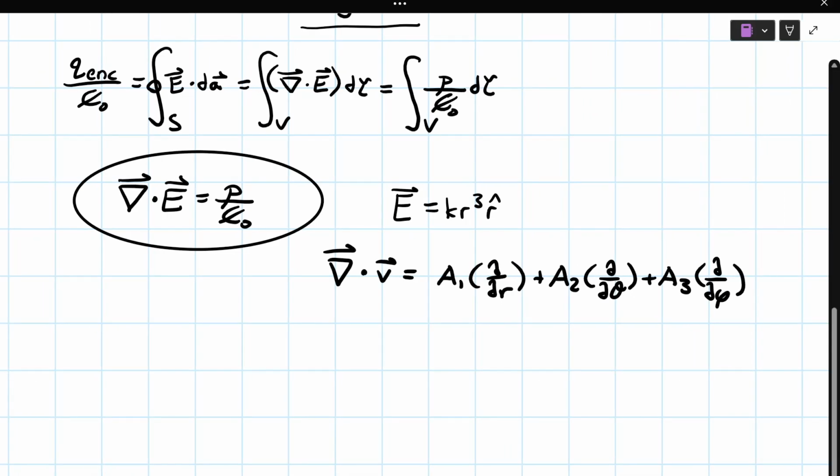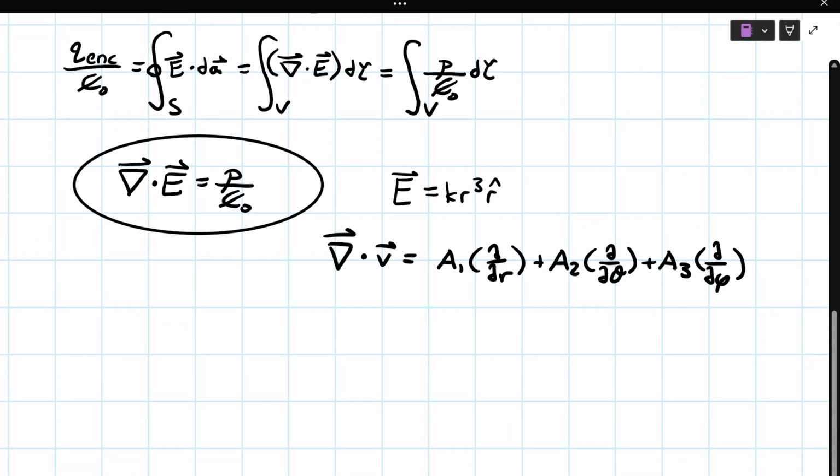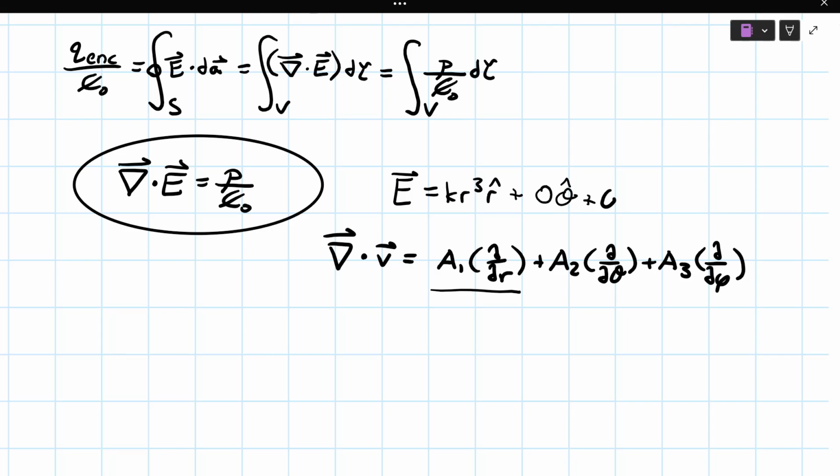But we'll notice that if we do this divergence, we get everything involved with the r hat component in here. And then when we do the rest, we're going to end up with 0, because this equation for the electric field has nothing in the theta hat direction, as well as nothing in the phi hat direction.